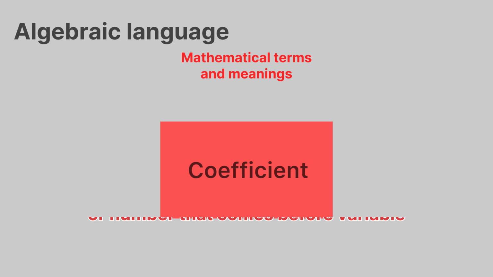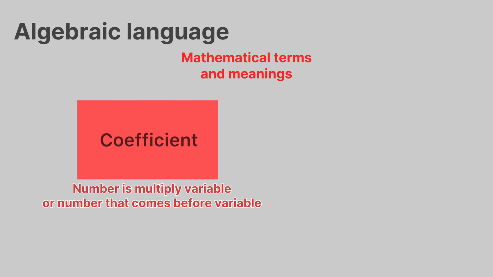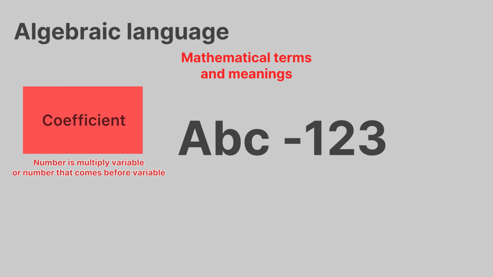A coefficient is a number that multiplies or a number that comes before a variable. Okay, we'll explain everything about variables and terms, all of those things, in the next video. But what I want you to keep in mind is that a variable is a letter that represents another number.